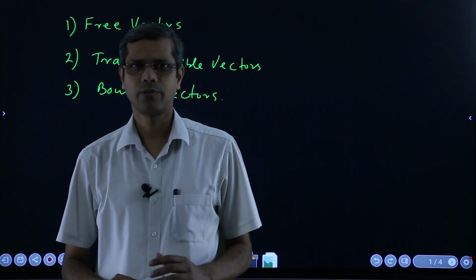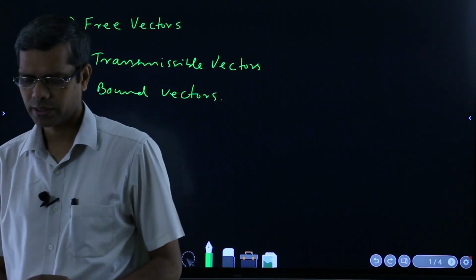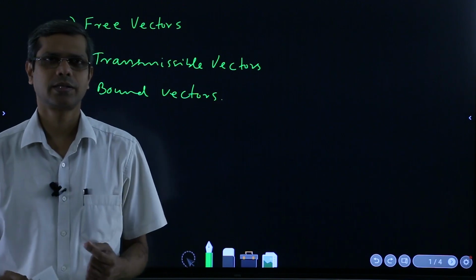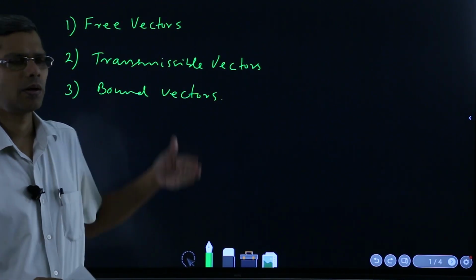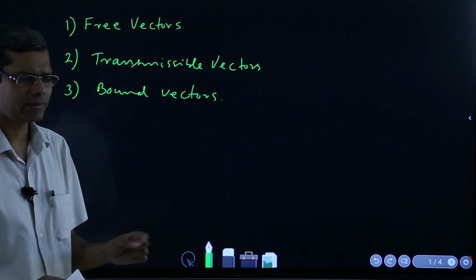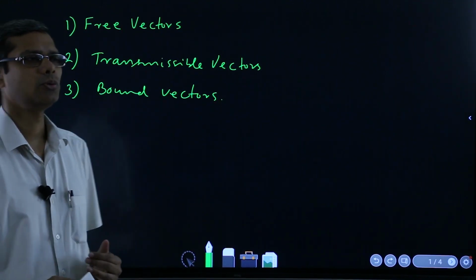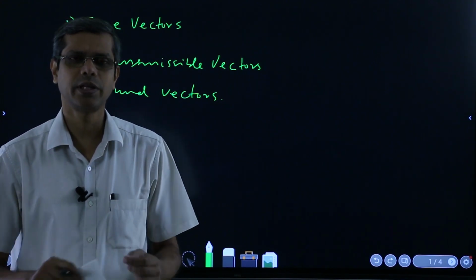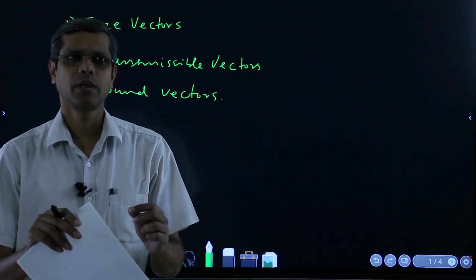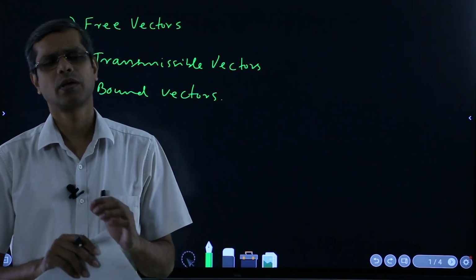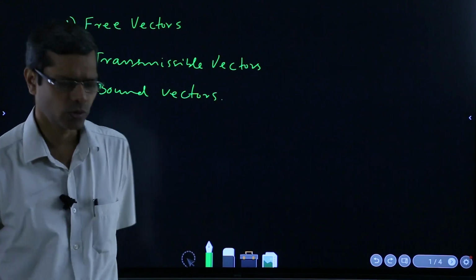It's always helpful if we can characterize a particular vector by any of these things, so that it will be easier once we go to the conditions or situations where we need to find out the resultant or the simplest form of a very complex system of forces.